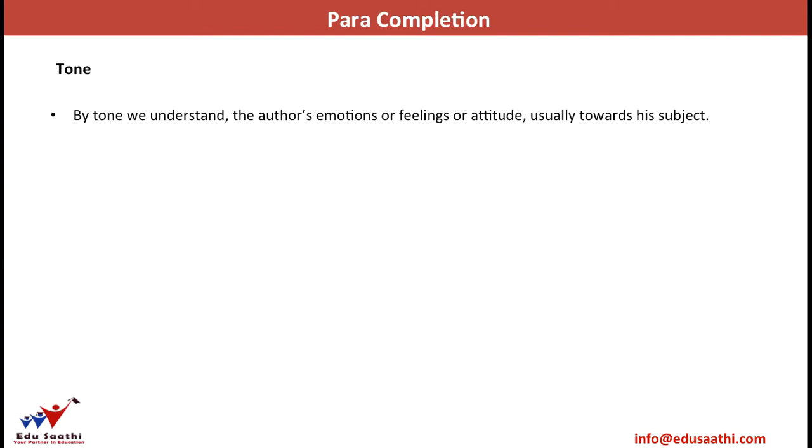If we understand his feelings or his attitude towards the subject upon which he's writing, we'll be able to eliminate many options given in the questions, right? Because most of the times the question setter will play on this very fact. He'll violate the theme of the passage.